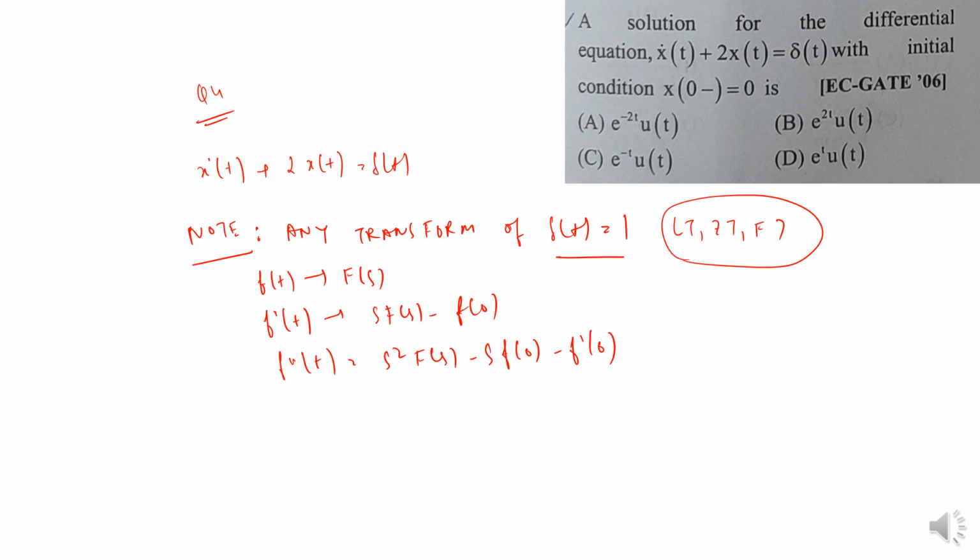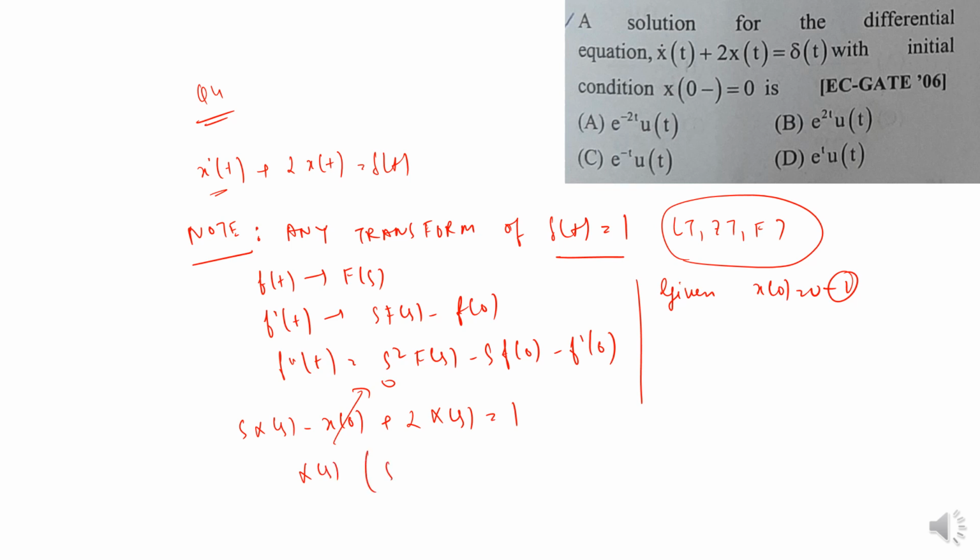Now this is the first derivative, so what can we write? s into X(s) minus x(0) plus 2 into X(s) is equal to 1. Given is x(0) is equal to 0, so this value is 0. If I take X(s) as common, s plus 2 is equal to 1.